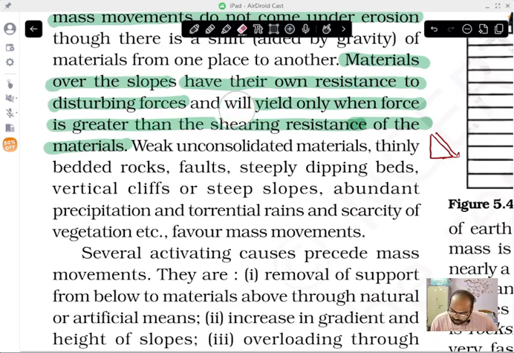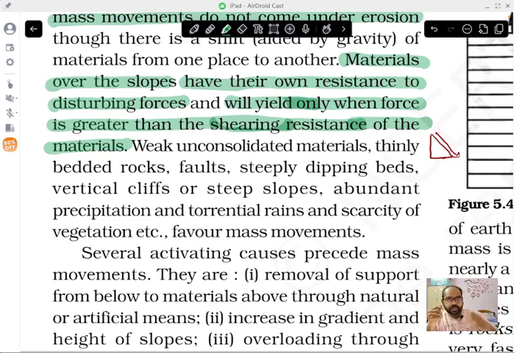And it will yield, sorry, will yield means move. That material will move only when the force is greater than the shearing resistance of the material. The resistance offered by the material is called shearing resistance, because the resistance is what keeps it from breaking into parts or moving.